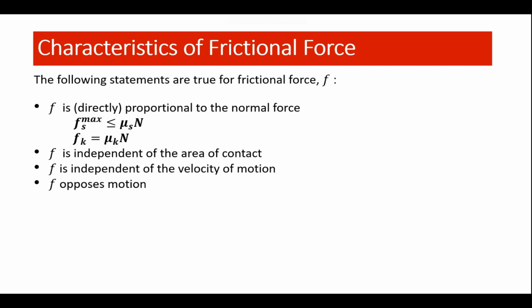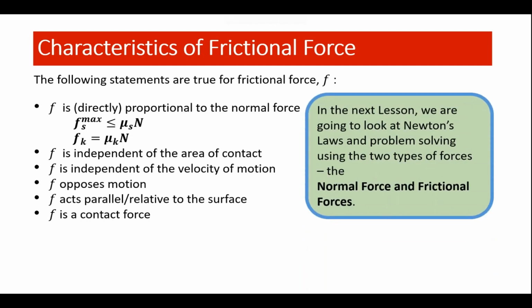And also remember, frictional force opposes motion and it acts parallel to the surface. And remember, frictional force is a contact force. It only works by getting in contact between an object and a surface.